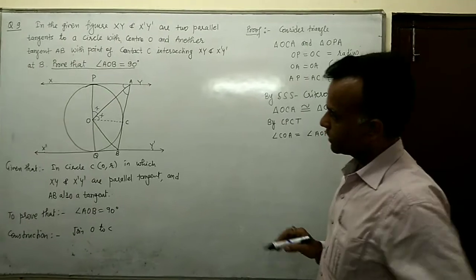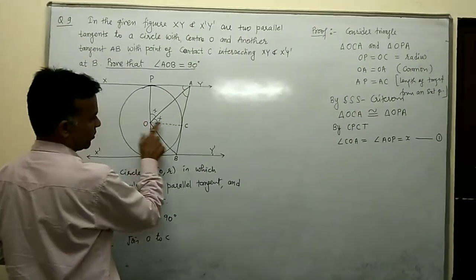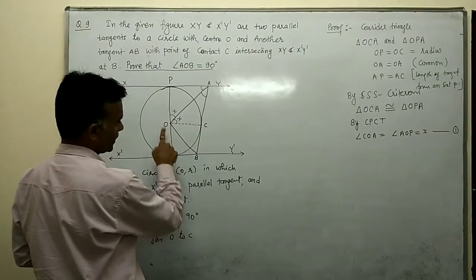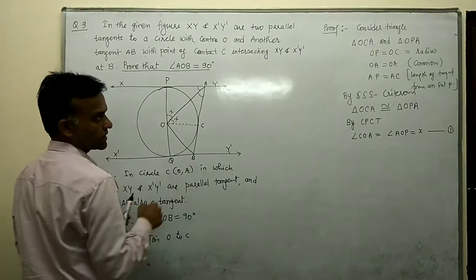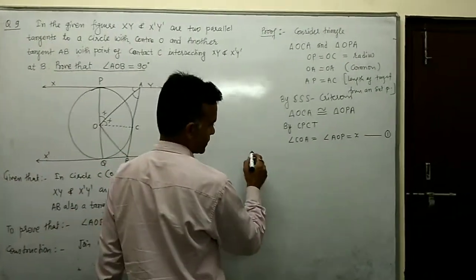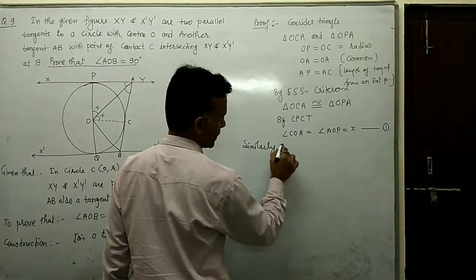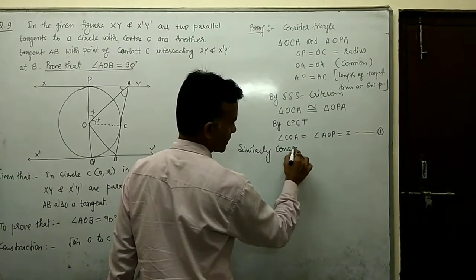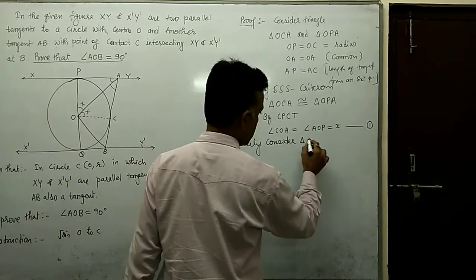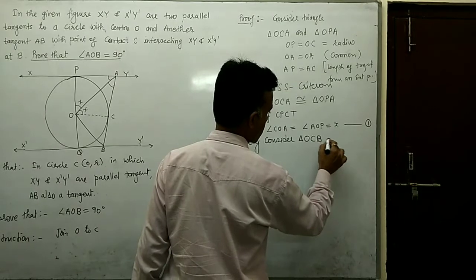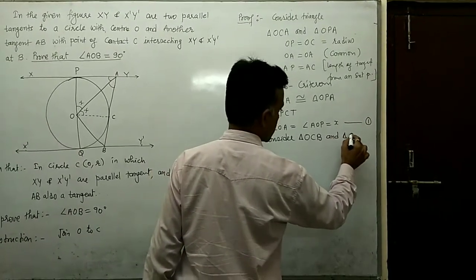Then now we consider the second pair of triangles. Similarly, consider triangle OCB and triangle OQB.